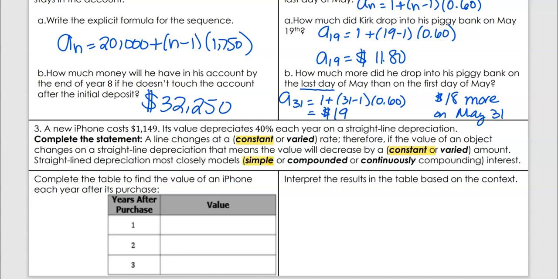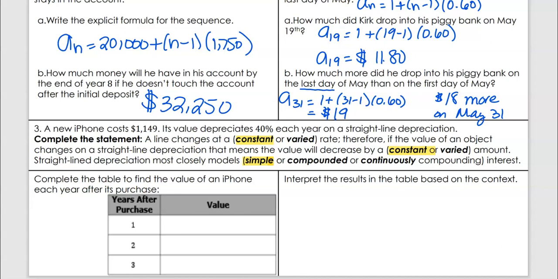Bringing it all together, simple interest. So let's figure out the value of all your phones, or the not value of all your phones. Let's see. How many of y'all have an iPhone in this room? Yep. Guess what? It's not worth nothing. So, years after purchase, we're going to find the value after each year. Okay? So, after your first year, how much is it worth?